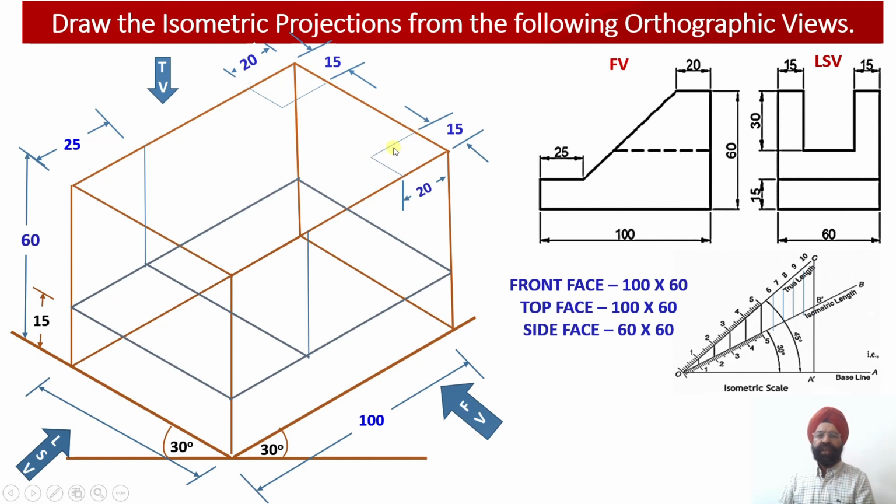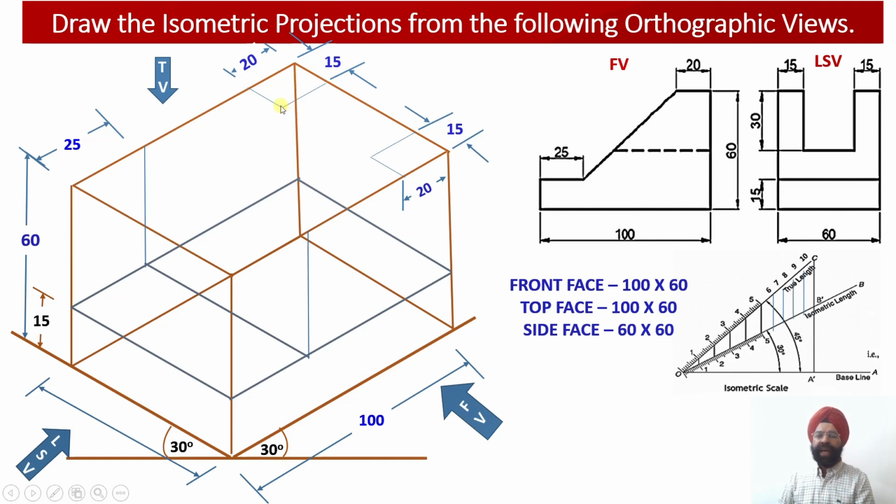This edge of the internal portion of the web is drawn parallel to the isometric edge over here, and similarly this edge of the web corresponding to the flat surface of the web has been drawn parallel to the rear edge of this solid. So the top face, please check, having dimensions 20 millimeter by 15 millimeter has been obtained over here.